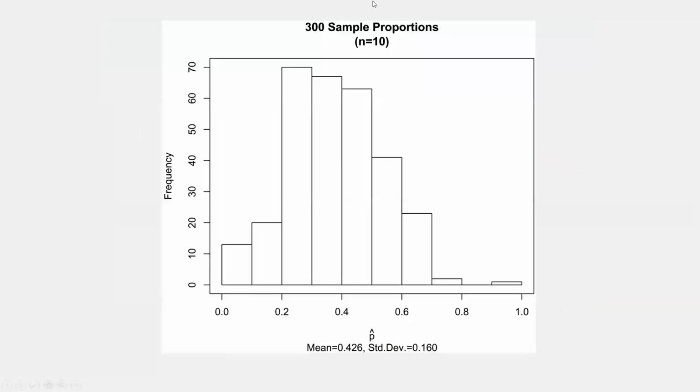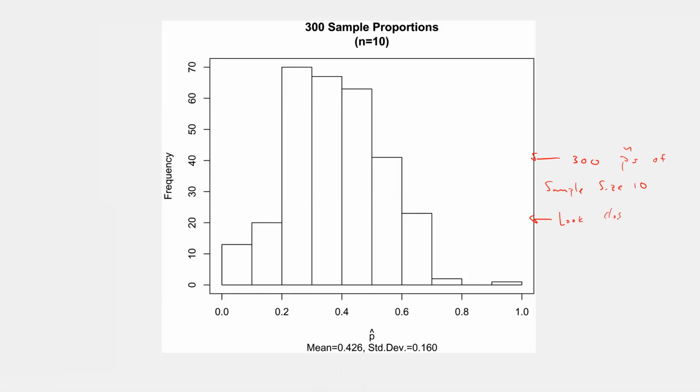Okay, so this is 300 different p hats, of sample size 10. What does this somewhat look like? It's not perfect.